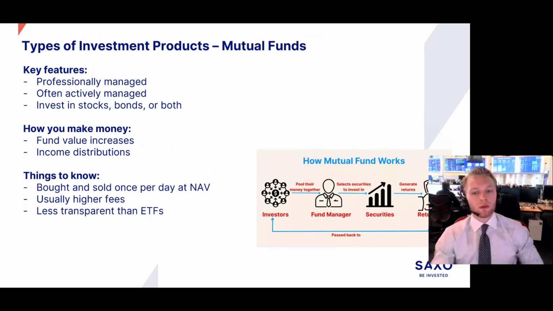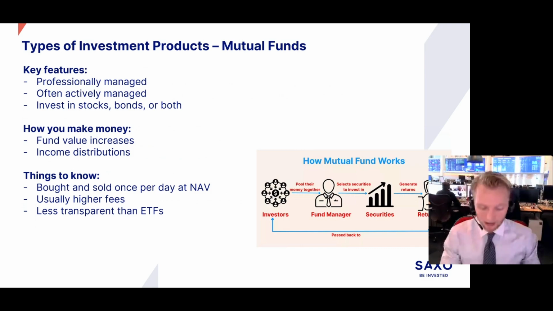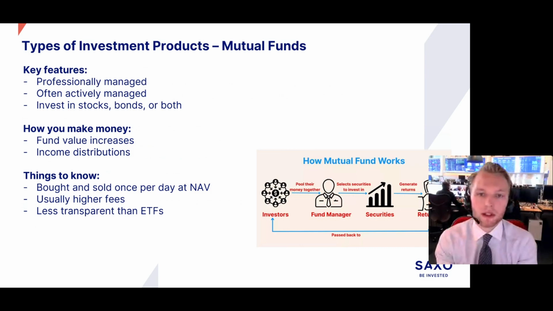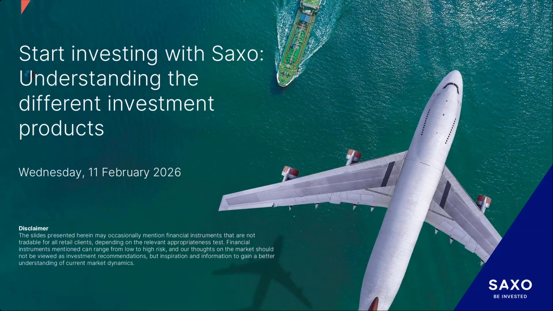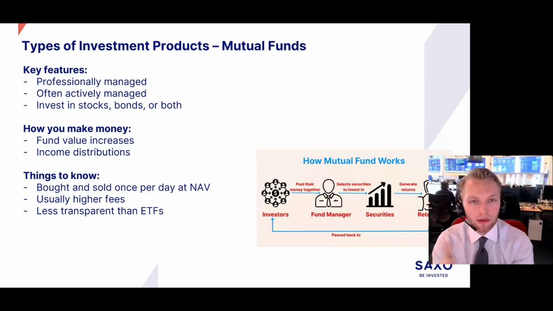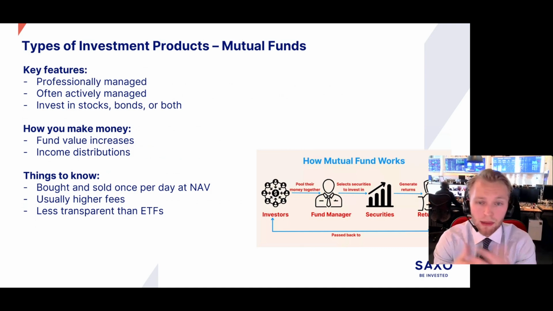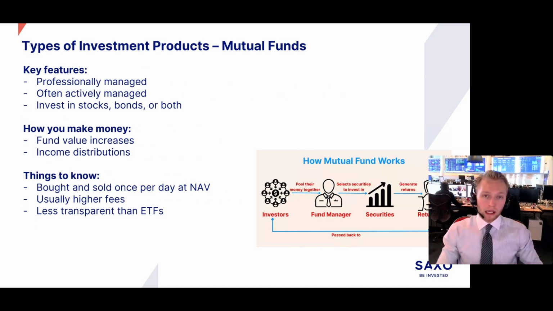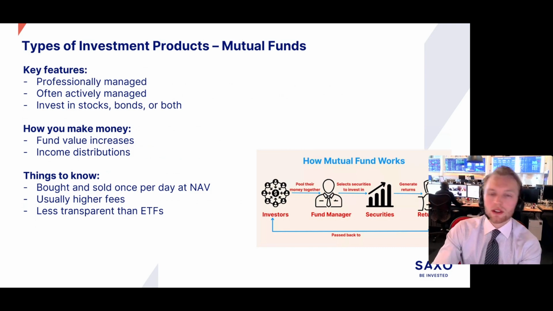So a mutual fund will often be actively managed, meaning you do have a portfolio manager behind the mutual fund, actually surveying it and making the necessary changes in the portfolio. And then hopefully you will make money from the fund value increasing. Also, some of these funds pay out dividends. Some are accumulating, meaning that instead of paying out the dividend, they will just reinvest the dividend that you were supposed to get.